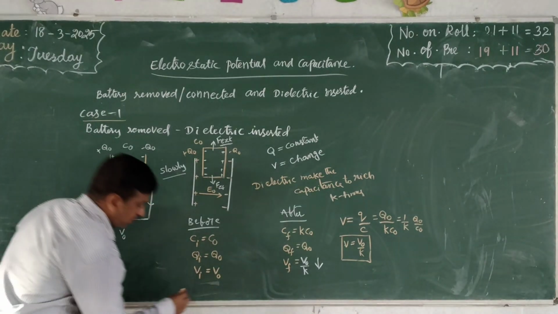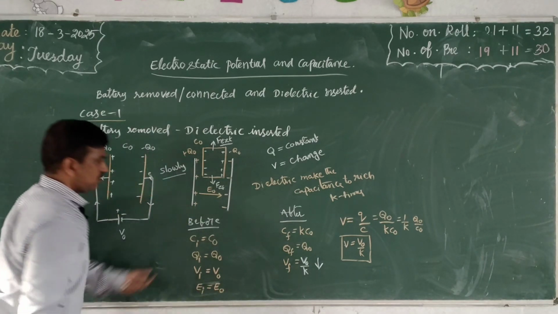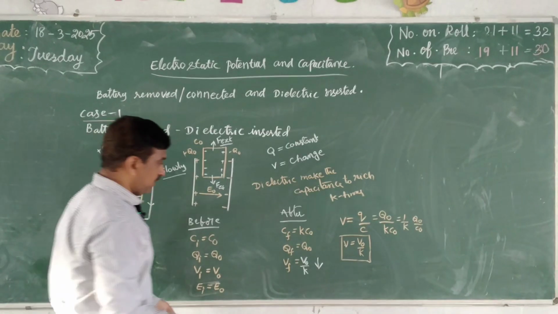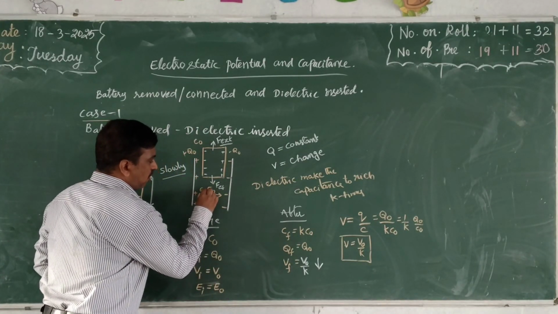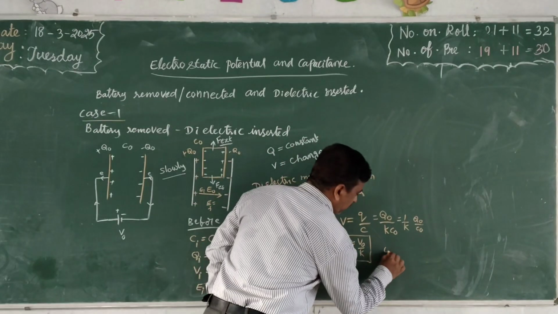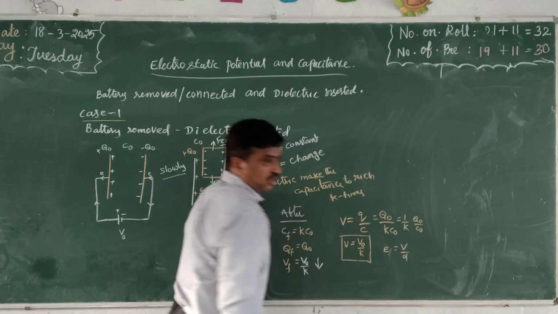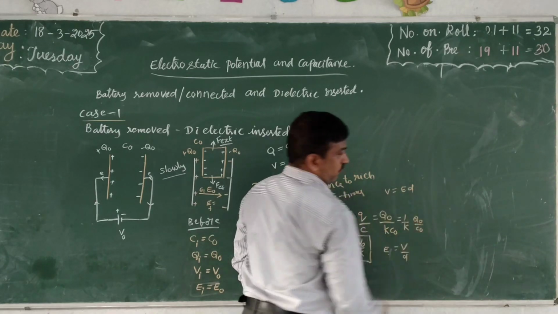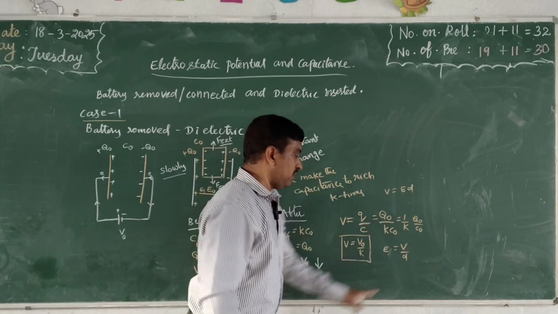What about the electric field? The initial electric field is E naught. After inserting the dielectric, the electric field equals V by D, because V equals E D in magnitude. What is V?